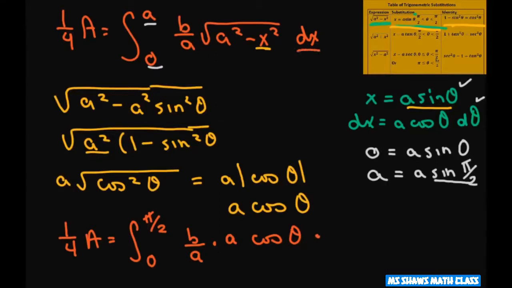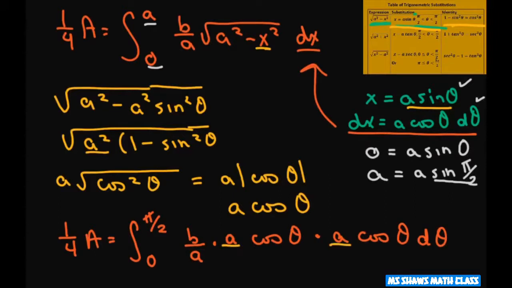Now dx is another a cosine of theta d theta. So I just substituted this in for dx. All right, so we have 2 a's here. One of these a's is going to cancel out. So let's look and see what we have.